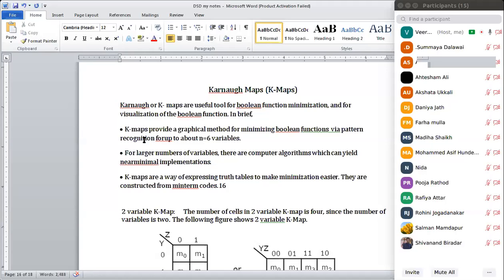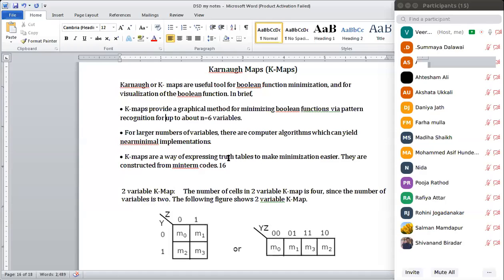Whenever it is asked, what is a K-map? You should tell that the K-map is a graphical methodology for minimization of the Boolean functions, and that too by pattern recognition. How we will do pattern recognition is an important point here.